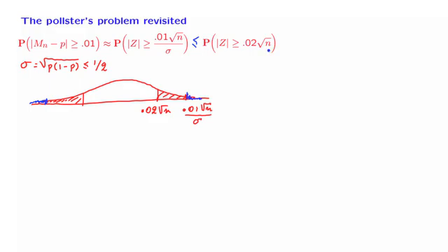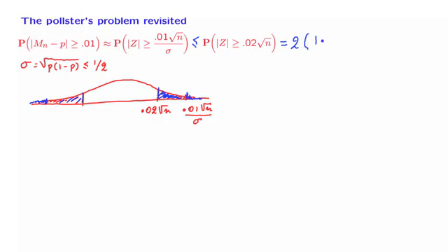How do we calculate it? The probability that the absolute value is above a certain number is equal to the probability of this tail plus the probability of that tail. But because of the symmetry of the normal distribution, this is twice the probability of each one of the tails. Now, what is the probability of this tail? It's 1 minus the probability of whatever is below that.